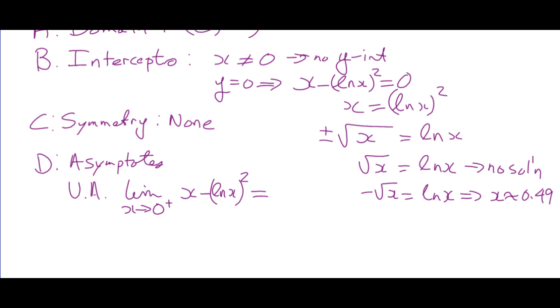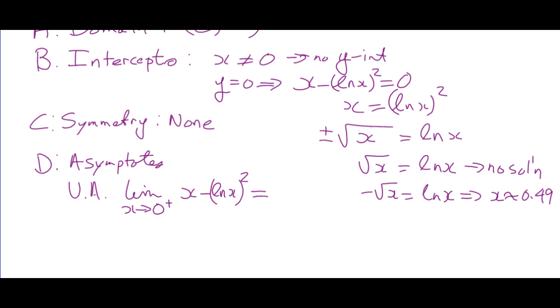Why? Because ln of a really small number is a really big negative number.